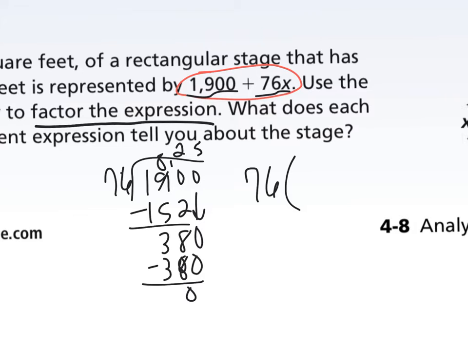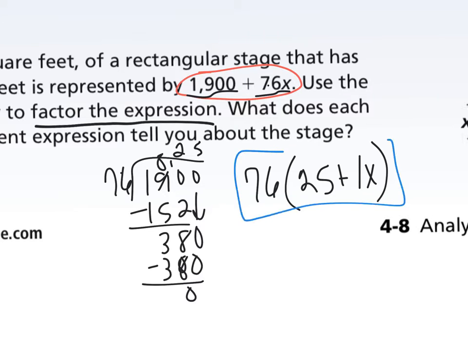Well, we just did it, right? It would be 76 times 25, and then plus 76 times what to get 76x? 1x or just x, right? So that would be our factored expression. That's the first part of the question.